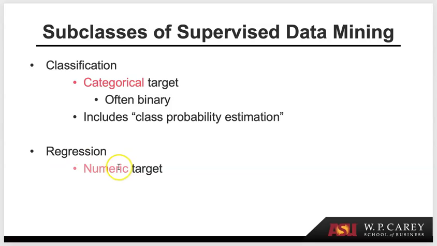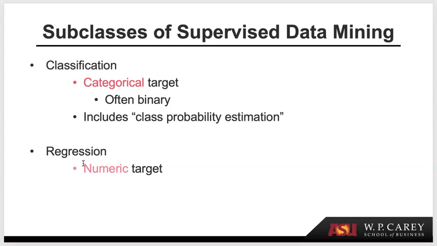For regressions, regressions basically can handle numeric targets. Say stock prices, they are numeric. So you can certainly build a prediction model of stock price by using regressions.